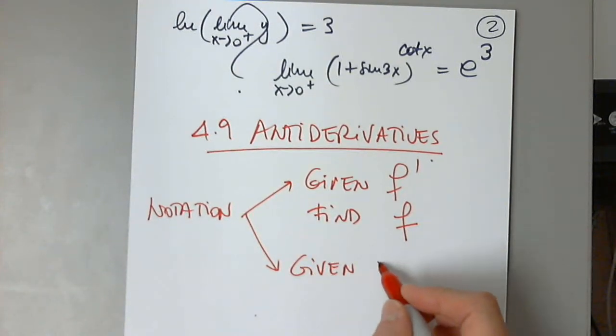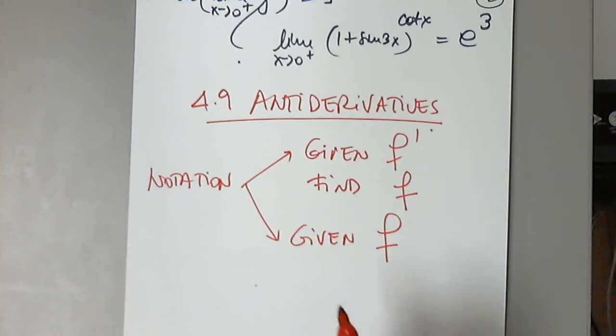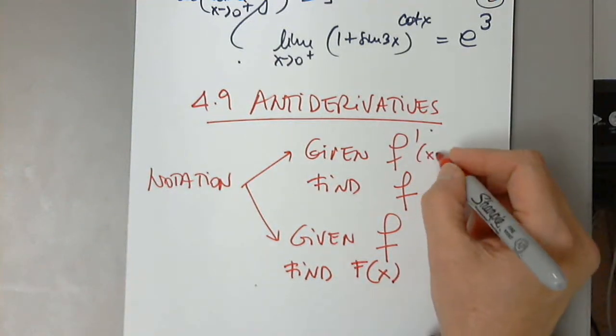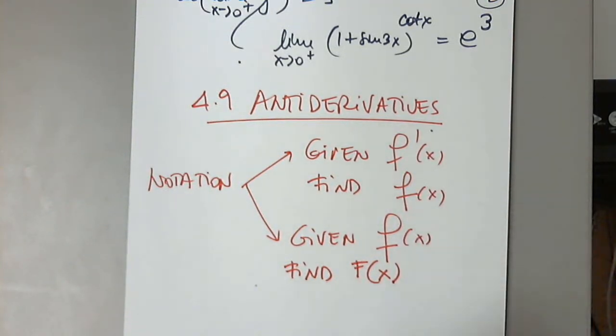Given f, find uppercase F of x. So of course these are all functions of x. And you can say, what's the big deal here? When we get to chapter 5, you will understand.